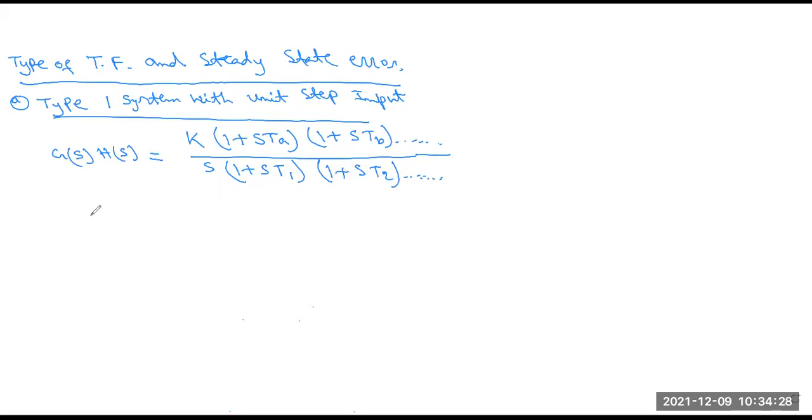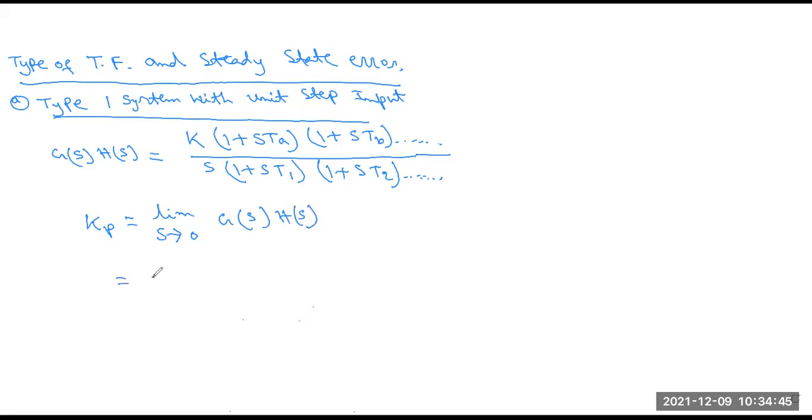Now the proportional constant Kp is the limit as s tends to 0 of G(s)H(s), the transfer function.